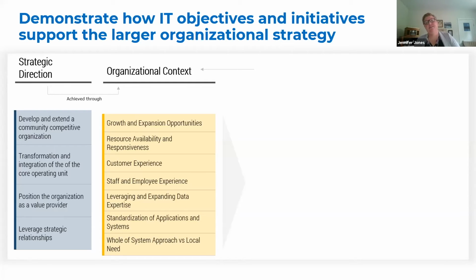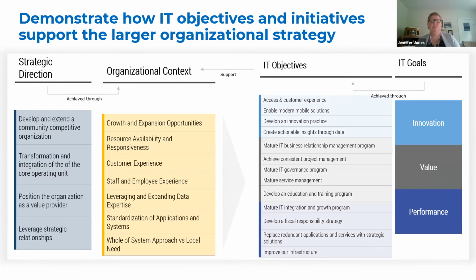What you see on the left-hand side in those gray boxes are an example of a strategic direction, and then some organizational context. So resource availability and responsiveness, customer experience, leveraging and expanding expertise. Those components are then matched to IT objectives and IT goals.